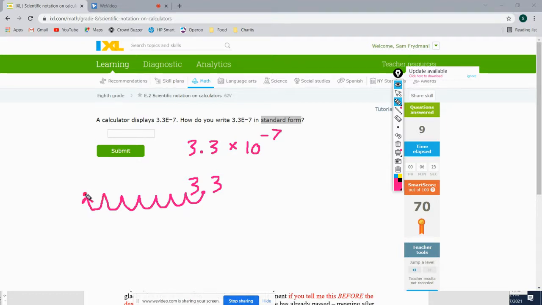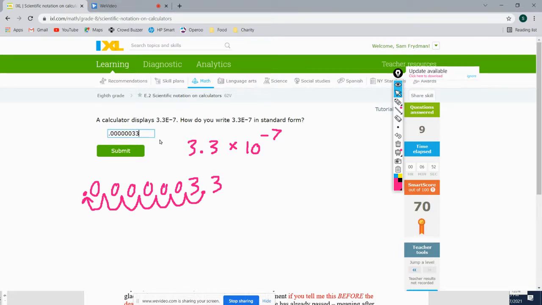This decimal point would be important to write in the answer. If the decimal point is at the very end of the number, then you don't need to write it. But if the decimal point is in the beginning, you definitely do have to write it. So this would be 0.00000033. So that's 6 zeros and then a 33. 1, 2, 3, 4, 5, 6.